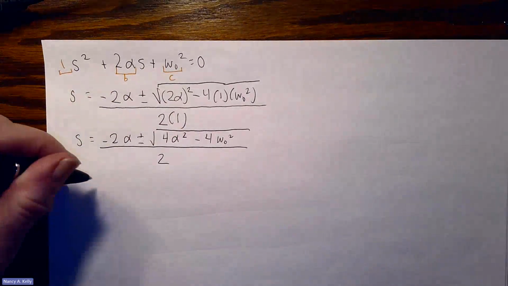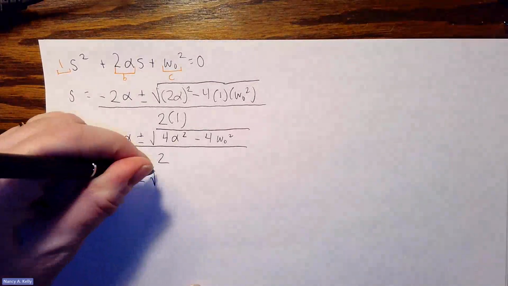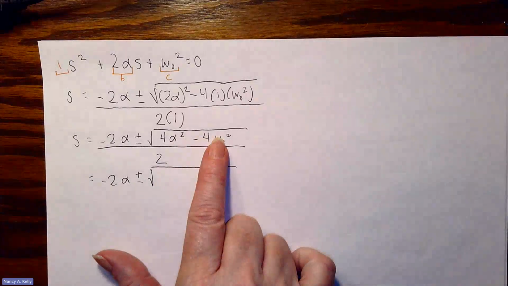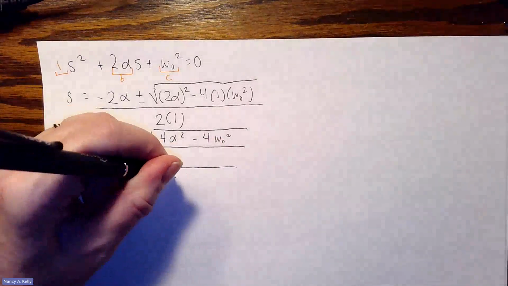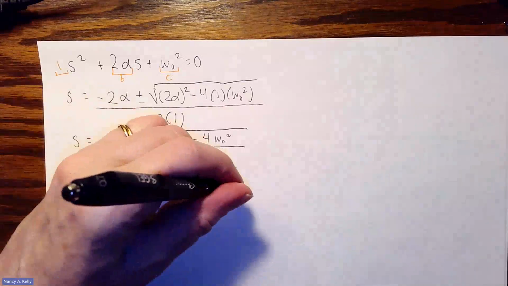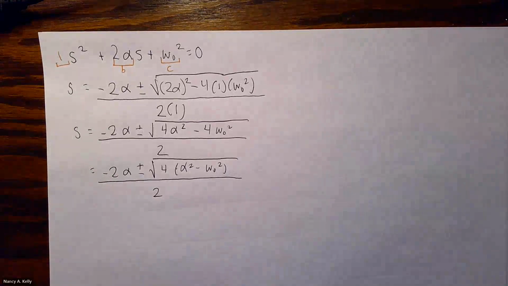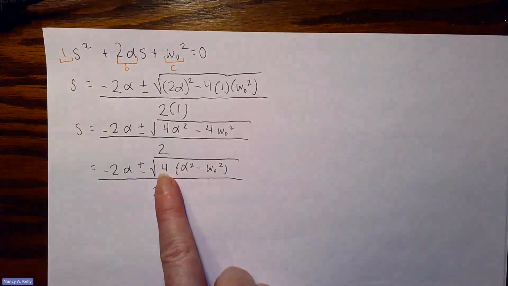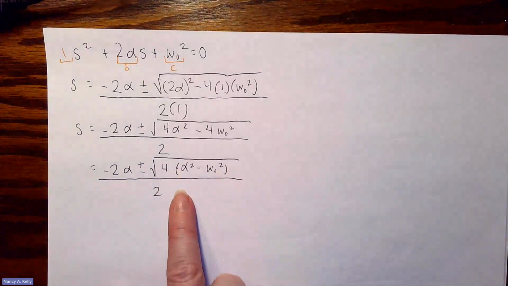Okay, next step. Minus 2 alpha plus or minus the square root of, all right, now here's the thing. Under the radical, we see that there is a common factor of 4. We can factor that out. We have 4 times alpha squared minus omega 0 squared, and this is all over 2. Now we have a product here, the square root of 4 times the square root of alpha squared minus omega 0 squared.